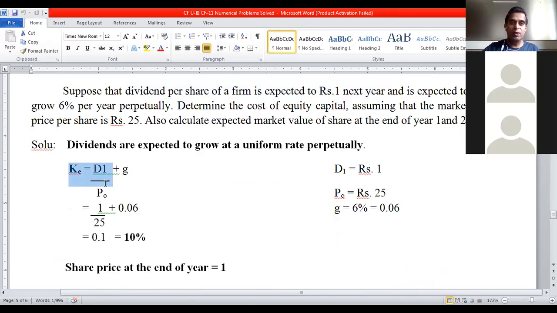So KE is equal to D1 divided by P0 plus G. D1 is 1 rupee. Then P0, the current market price, is 25 rupees. We have to find out the market price of the equity share at the end of the first year. Then G is 6%, 0.06.